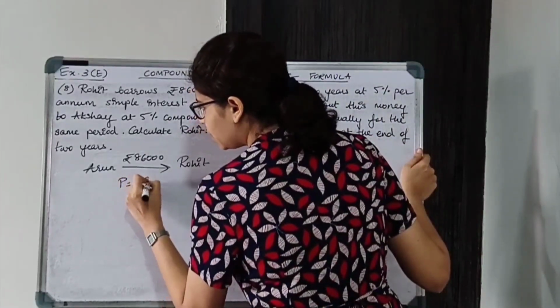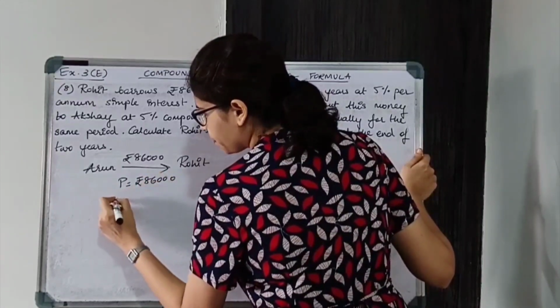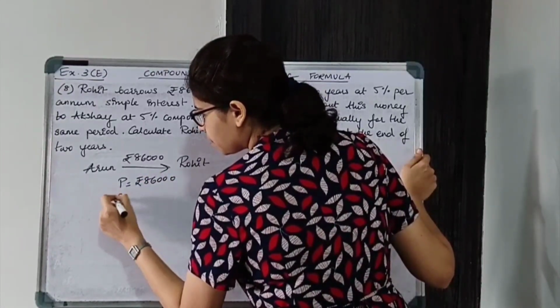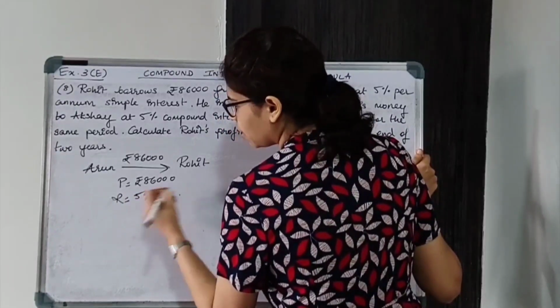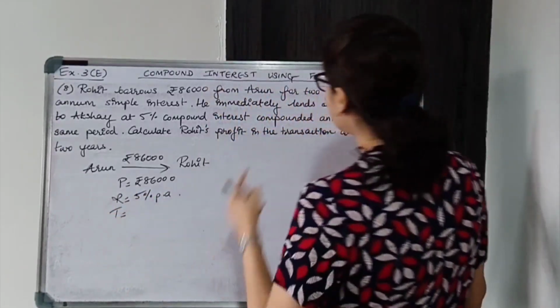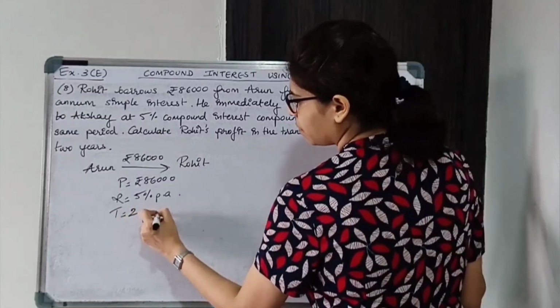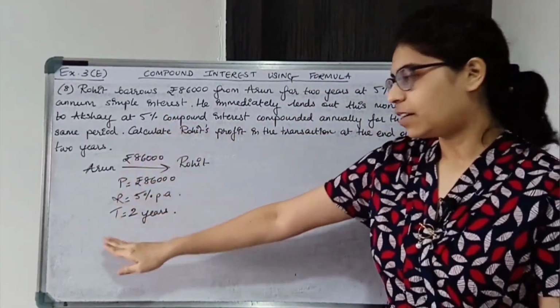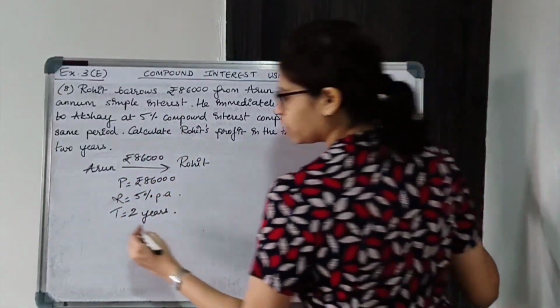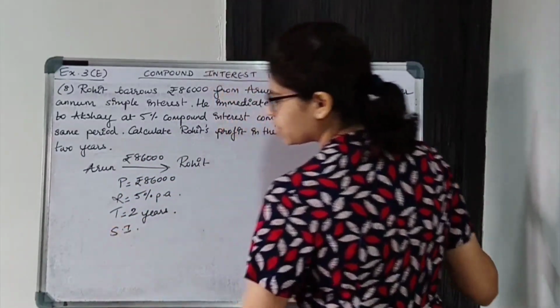Principal is 86,000, R is 5%, and time period is 2 years. It is simple interest, so PRT. He is borrowing at simple interest.